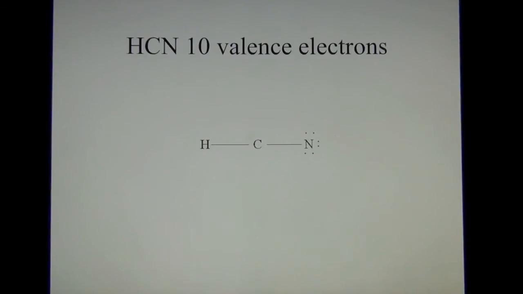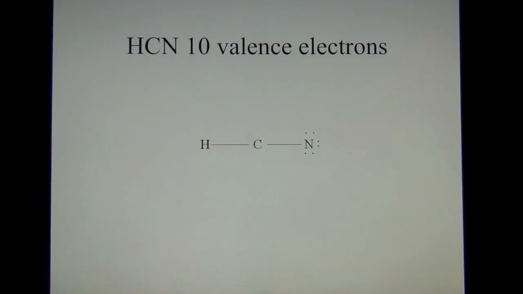It now has 8 electrons. If you count the 6 electrons within the lone pairs, each dot represents an electron, and then the 2 that are being shared between the carbon and the nitrogen. If you count all of the electrons we've used so far, we've already used all 10. So hydrogen's stable on the left with 2, nitrogen stable on the right with 8.